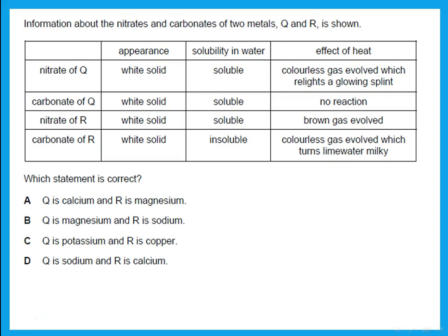There is no reaction when you heat carbonate of Q. And R could be calcium, because nitrates of any other group will release brown gas, which is nitrogen dioxide, when heated. And if R is calcium, a carbonate of R will break down to give carbon dioxide, which turns lime water milky, so my answer is definitely D.